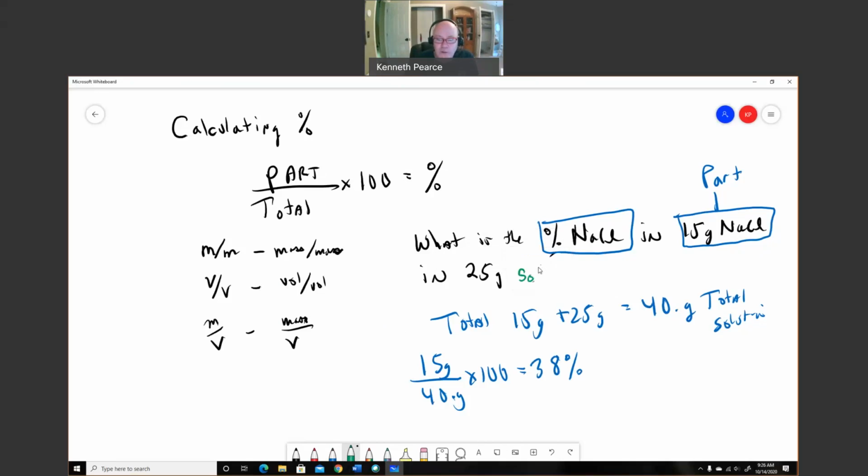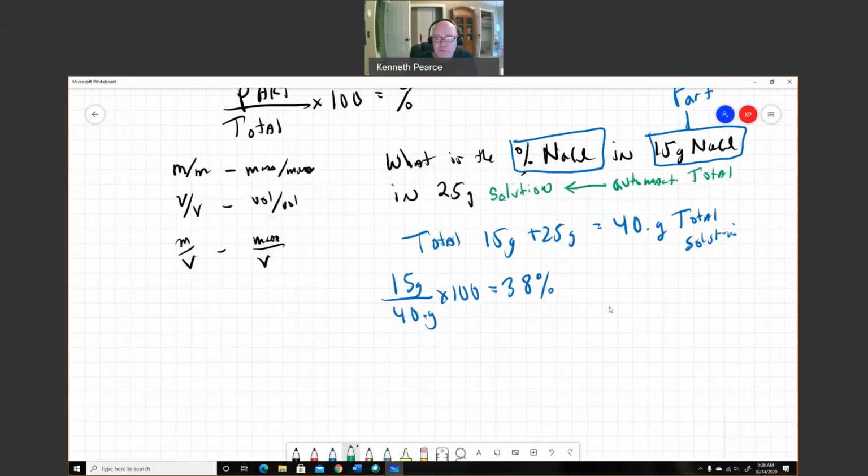And we said solution. Well, if you see solution, it's automatically the total. Now, in this case, we're going to write this equation very differently.